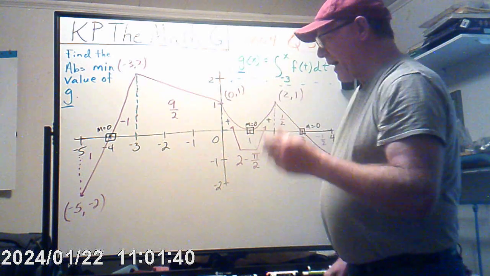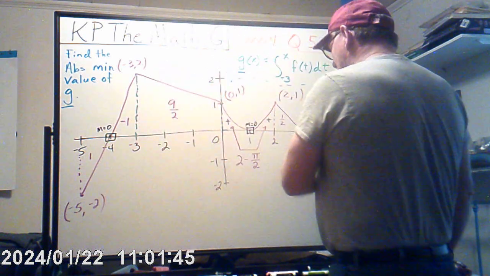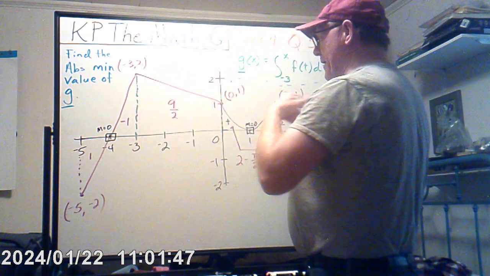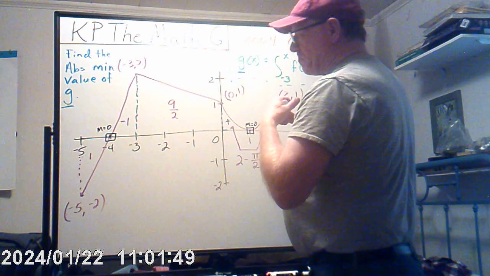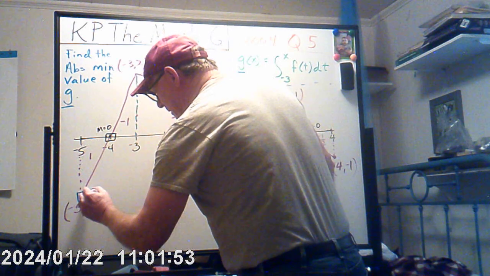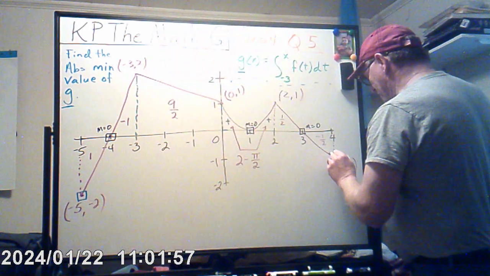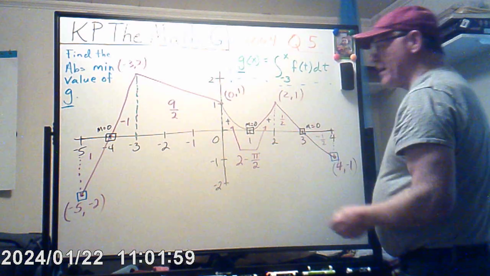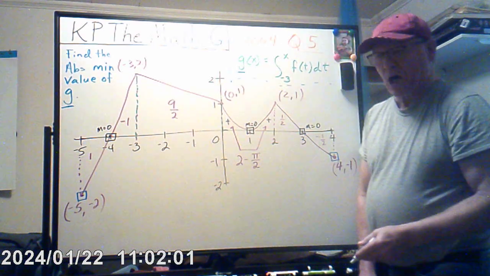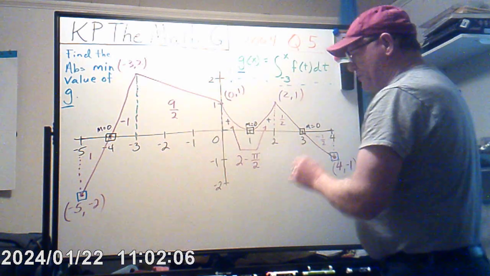Now, we've got to look at this graph. We know we need to look at the endpoints, so we need to look at -5, and we need to look at 4. By the extreme value theorem, that's what I was just talking about a while ago, we have to look at x equals -5 and x equals 4.